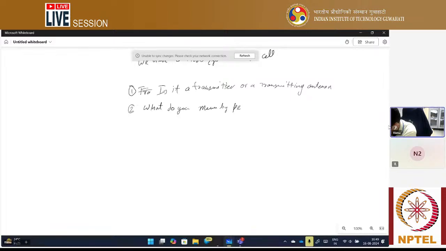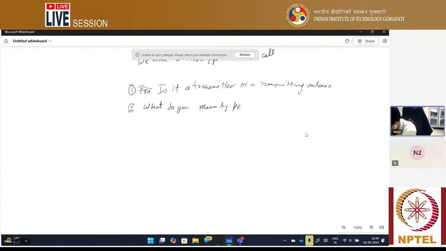So, questions again. Three, protocols or methods to implement what? Protocols or methods to implement what?